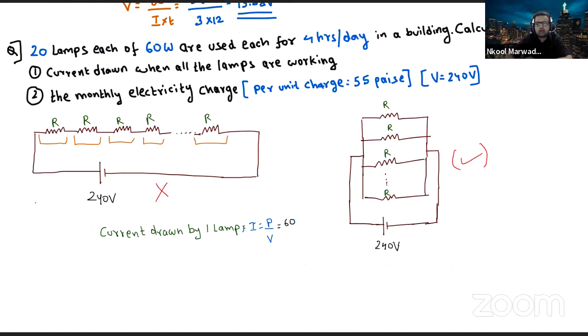So the current drawn by every bulb will be 0.25 amp. Every bulb, like the 20 bulbs I have, will draw a current of 0.25.